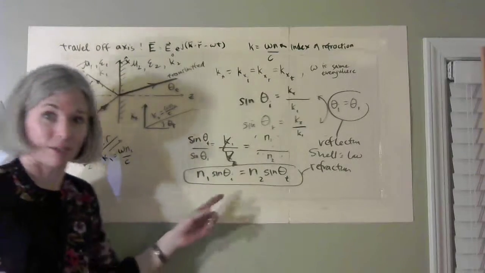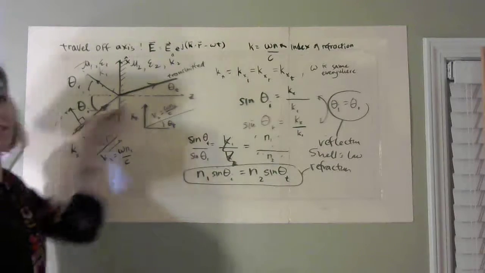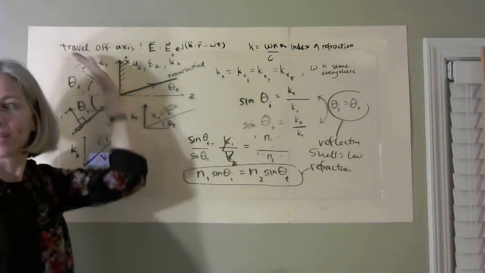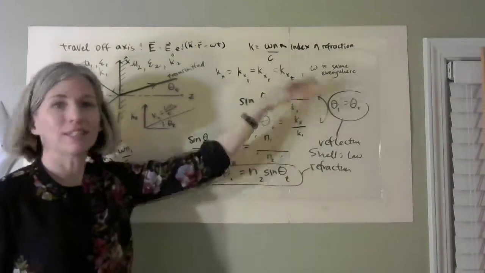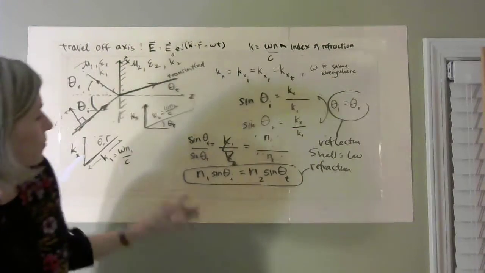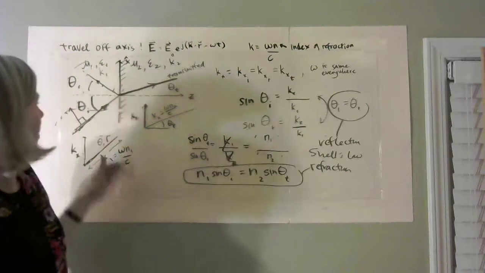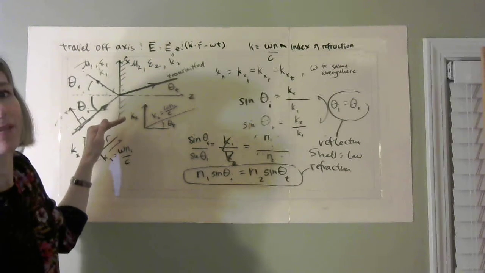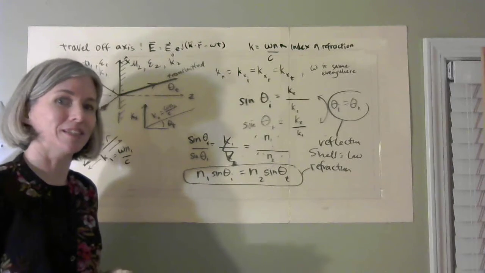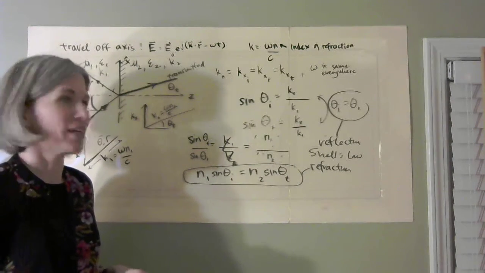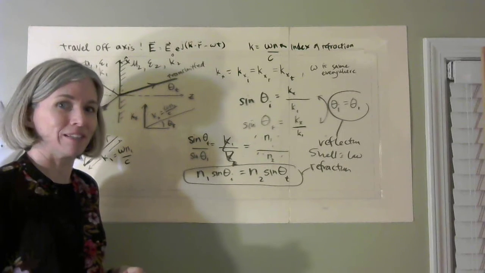So if we know these pieces of information, we've got this incident angle, so we have to have these other angles right here, just because those phases have to match up. Now we can start matching the magnitudes of the electric field and the magnetic field and using those boundary conditions in a little more detail. That's a little bit beyond our scope today, but it's in chapter 10.